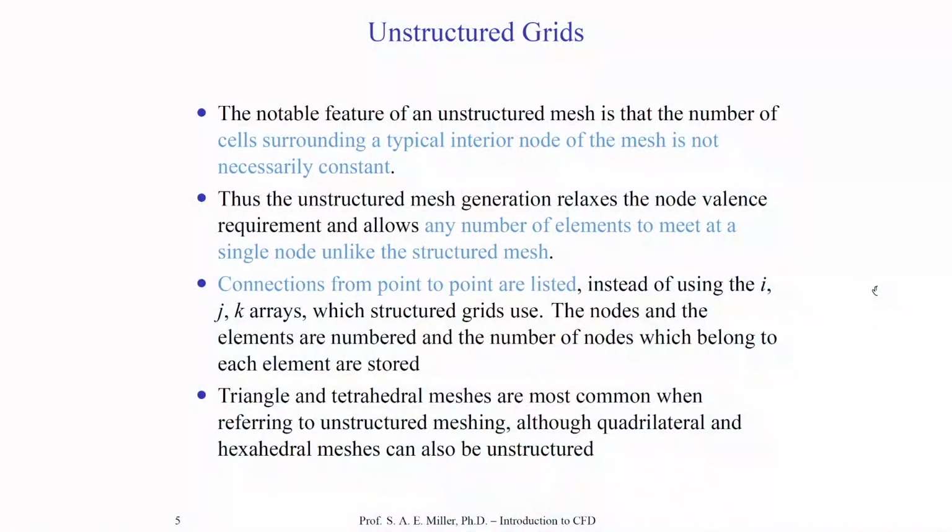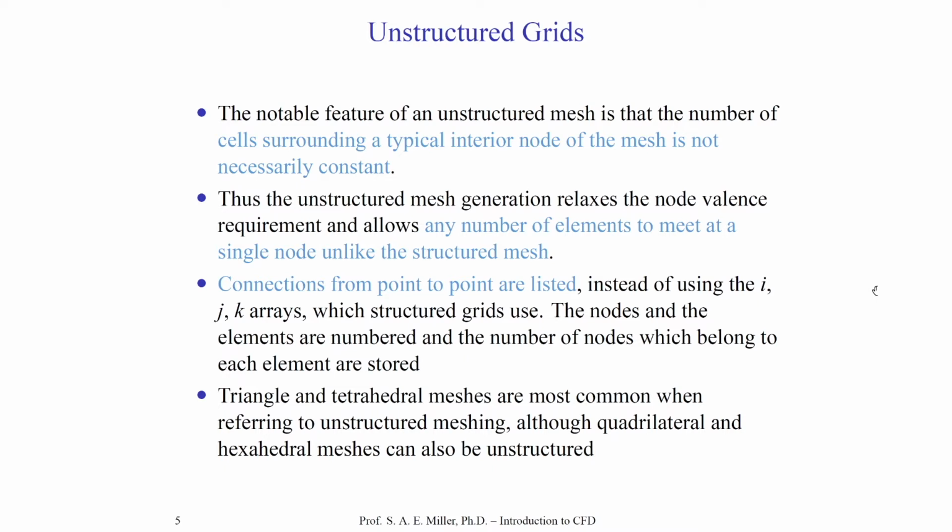This is unlike structured meshes, which always have the same number of neighbors. The connectivity is listed from point to point. Instead of using the so-called i, j, and k arrays, like in the structured approach, we now use a list of nodes, that is their x, y, and z location in space, and their connectivity between nodes. We'll see this in an example in a second.